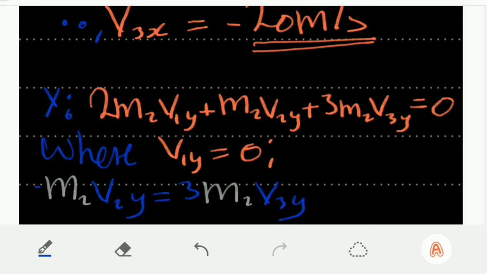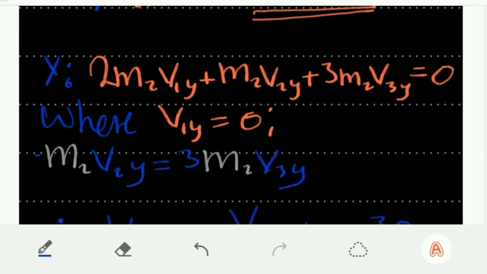Take note of that. So if we put 0 there, then we only remain with m2 v2y plus 3m2 v3y equals 0.